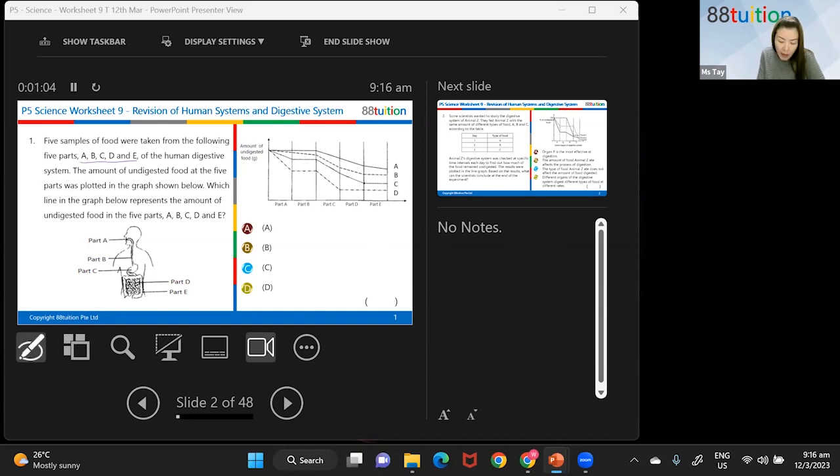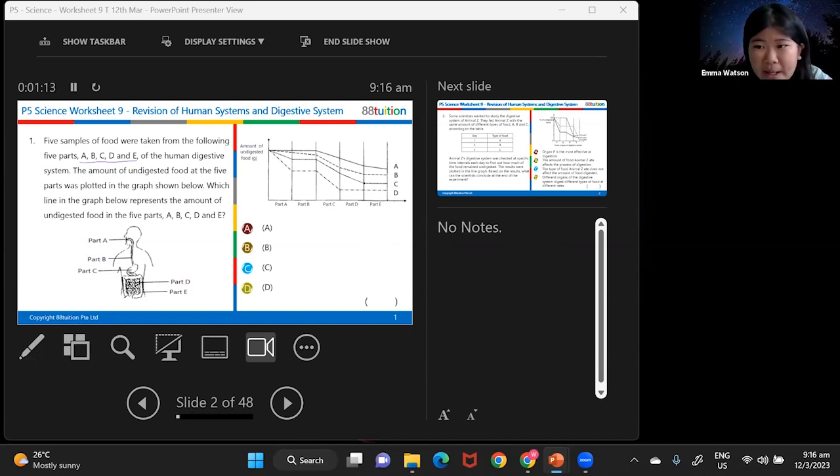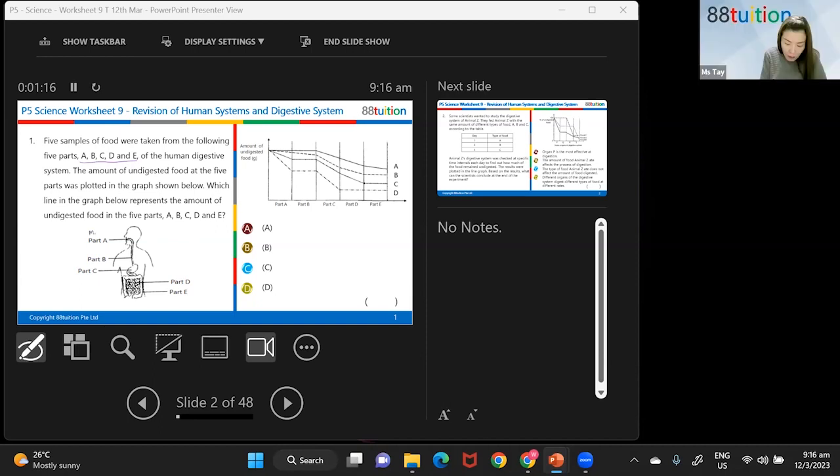Now, can you tell me what is part A? Let's label the parts first. Emma? Part A is the mouth. Good. Part B, Vinuli? Gullet. Part C, Jared? Stomach. Okay, good. So this is what you need to do.